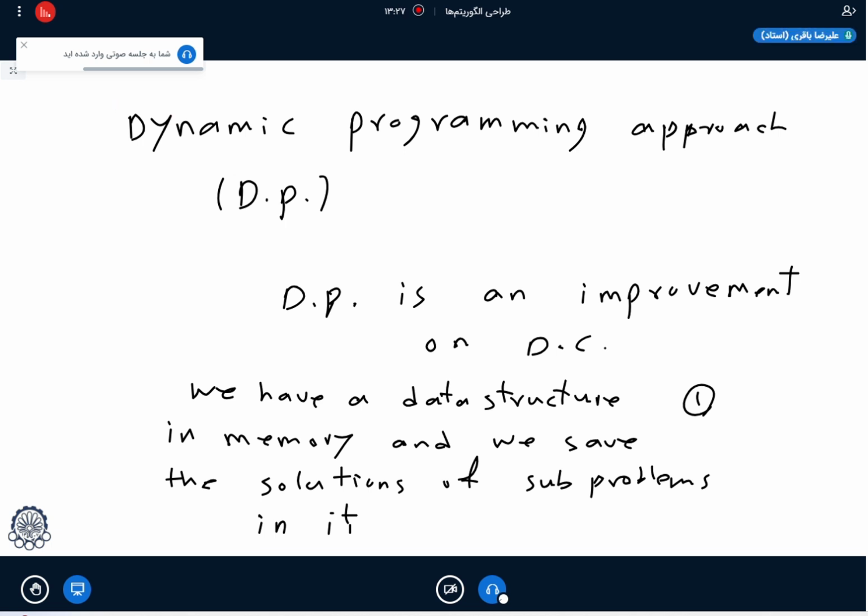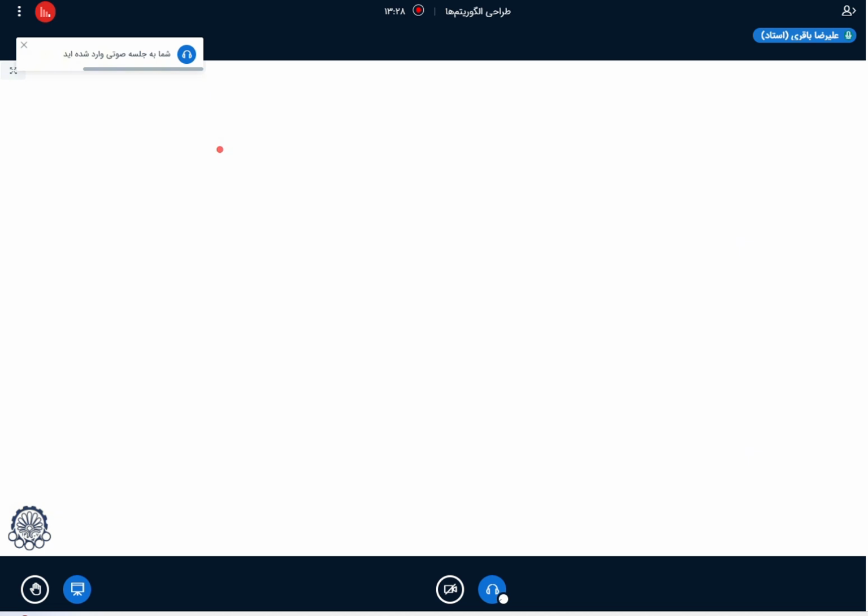Let me describe this method during an example.